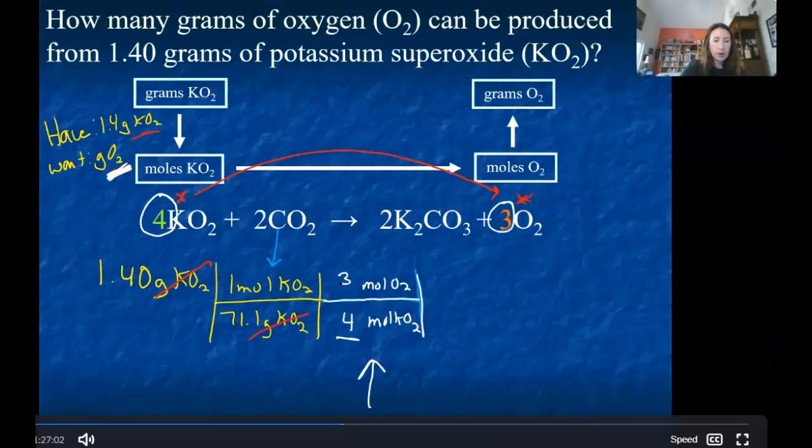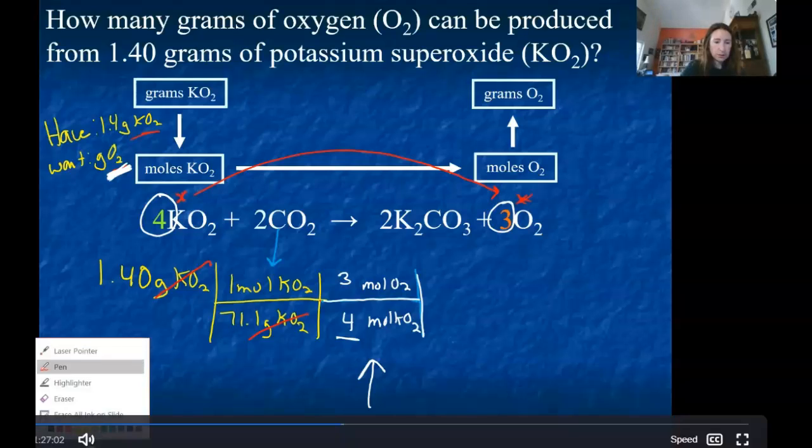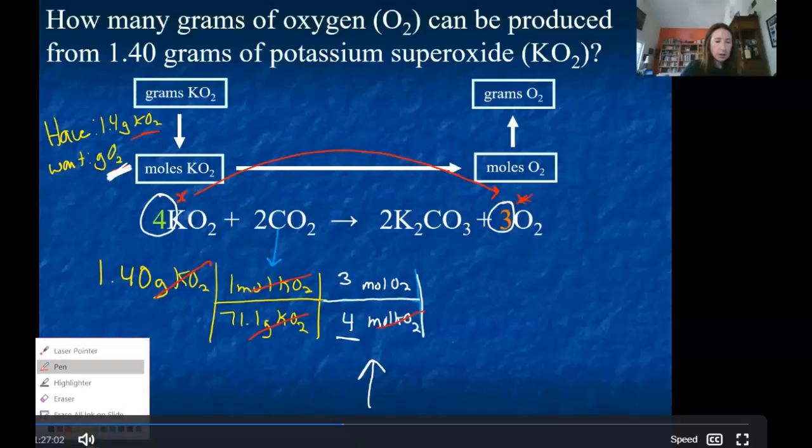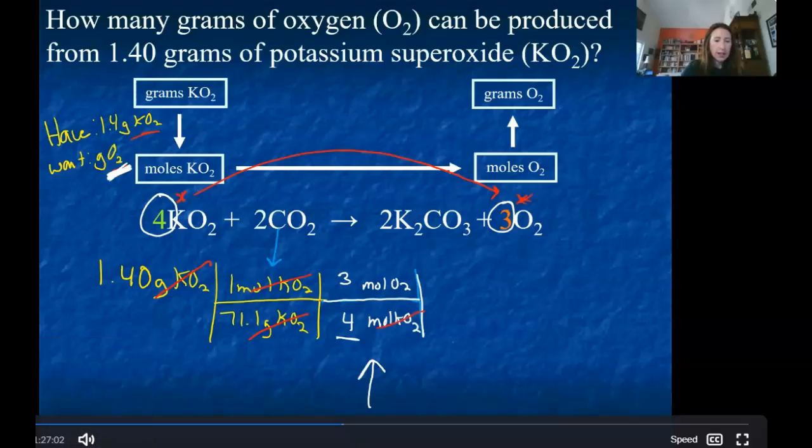Now, we cross off our units. In this case, we are now at moles of O2, but we did not want moles of O2, we want grams of O2. Again, that's where this have and the want kind of keep us on track and focused of where we want to go.